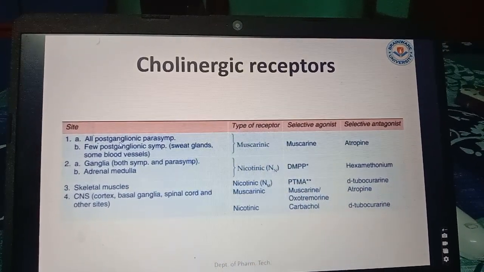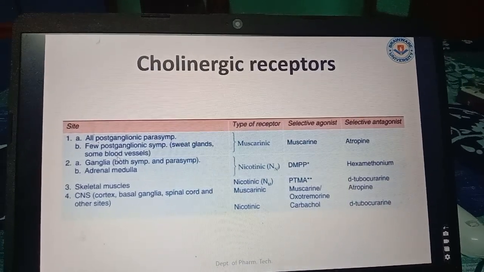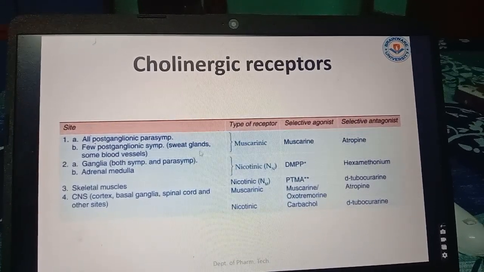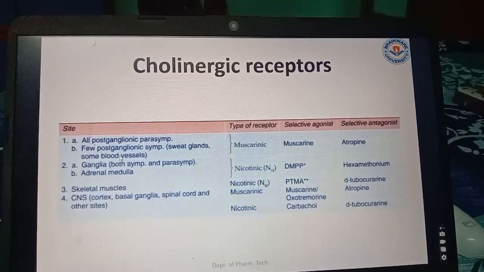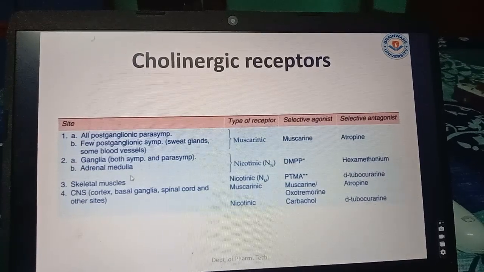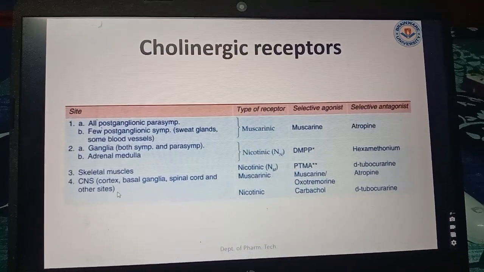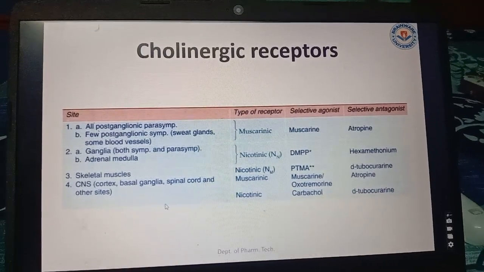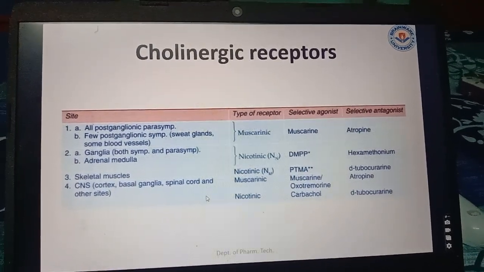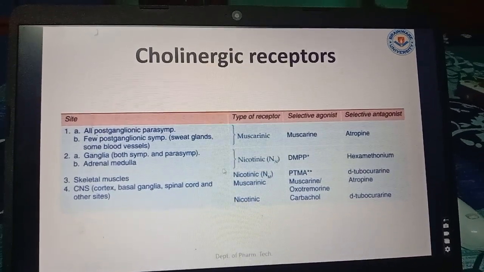Where it works: postganglionic parasympathetic nerves, a few postganglionic sympathetic nerves, sweat glands, some blood vessels, ganglia, both sympathetic and parasympathetic, adrenal medulla, skeletal muscles, and the CNS, that is the cortex, basal ganglia, spinal cord, and other sites. Acetylcholine acts on these sites.